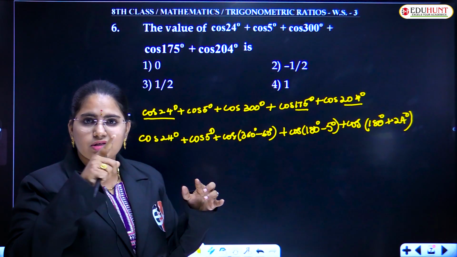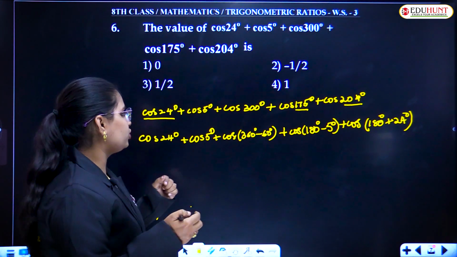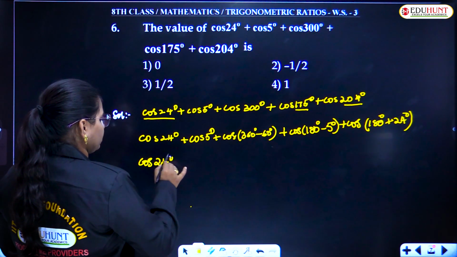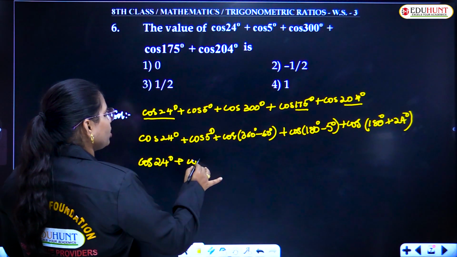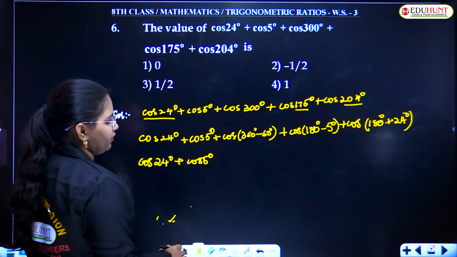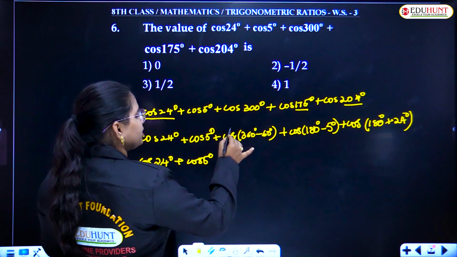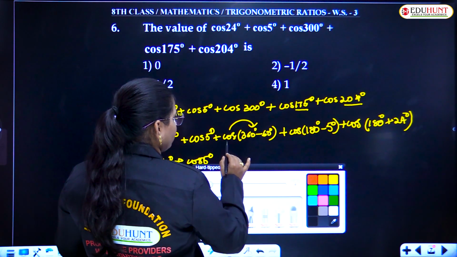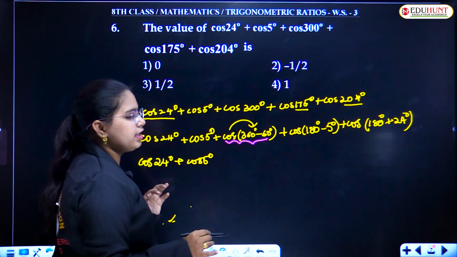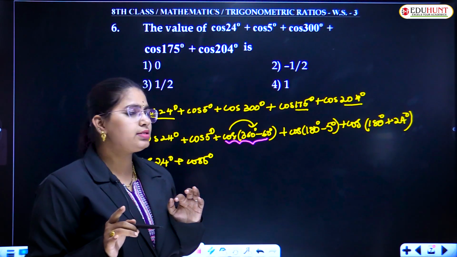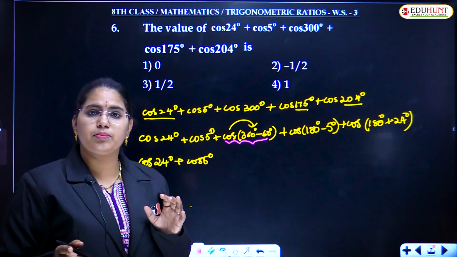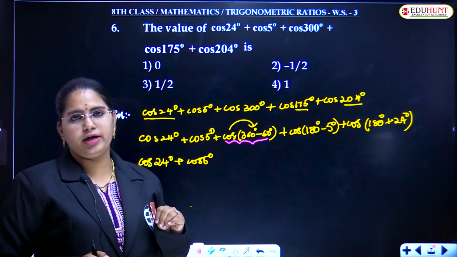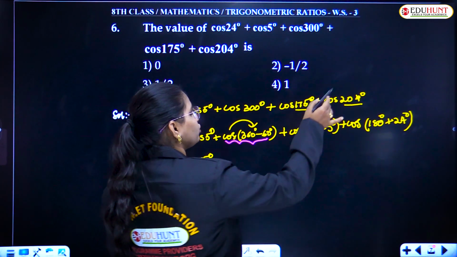With this technique, cos 24 degree I will leave as usual. Cos 5 degree also I will leave like that. Now cos of 360 minus theta: which quadrant is it? 360 minus theta belongs to the 4th quadrant.